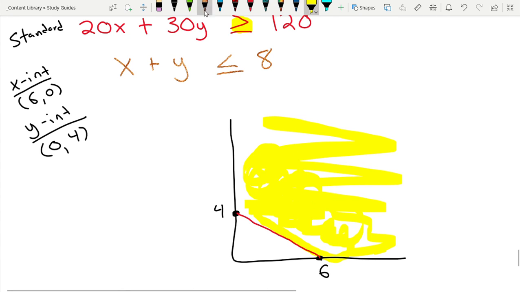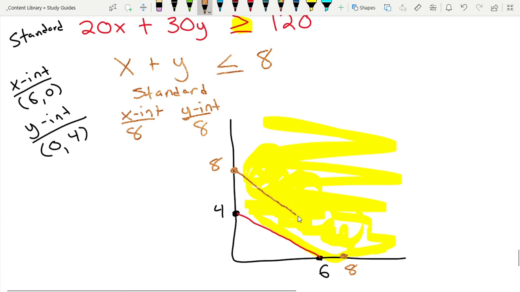But now we have to put into account the second part of her issue. She can't work more than 8 hours. So again, this is in standard form. So I'm going to do intercepts. And this I'm not going to actually do the work for because I think we can all figure it out. Your x-intercept would be 8. Your y-intercept would be 8. So 8, 8, solid line. Now I look at what it says about the y.